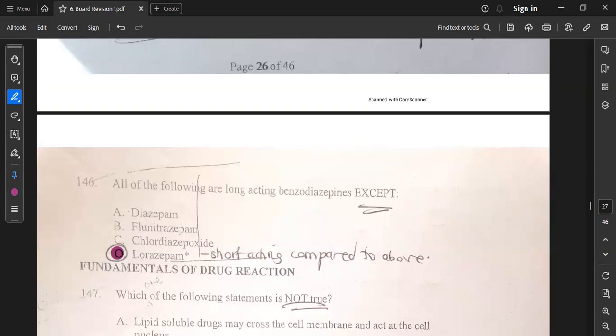About the sedative hypnotic drugs, we have benzodiazepines, barbiturates, miscellaneous agents, and newer benzodiazepines. Benzodiazepines are classified under short acting, intermediate acting, and long acting, but I don't have the examples. You already have them. For barbiturates, we also have ultra short and long acting.